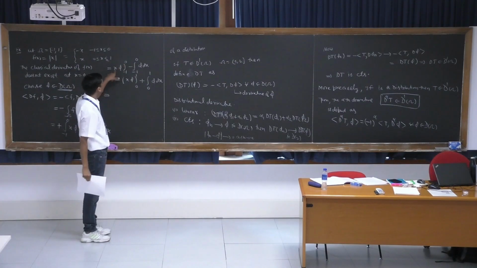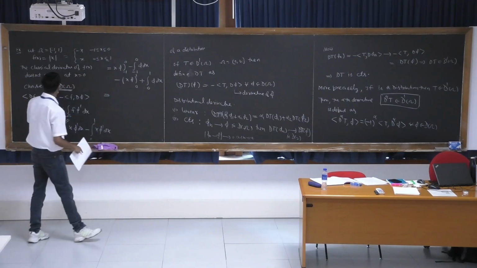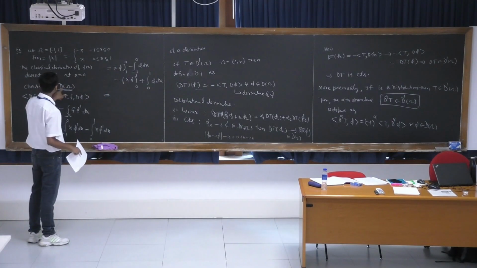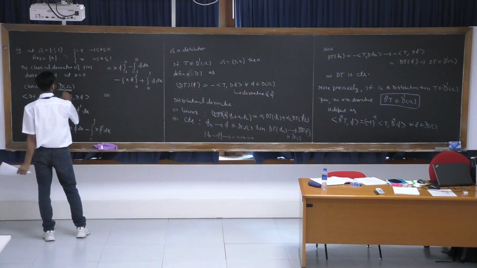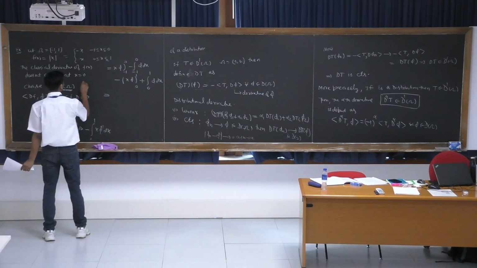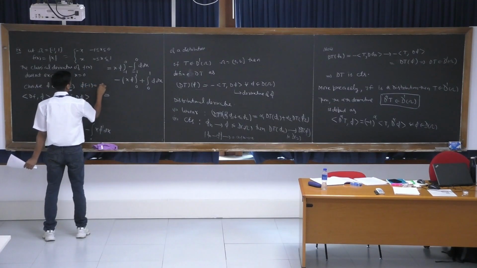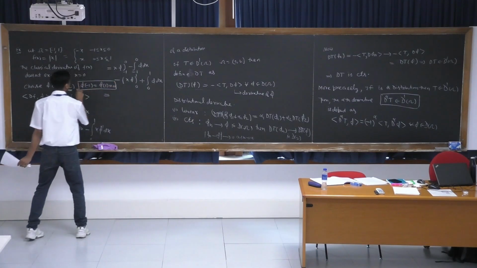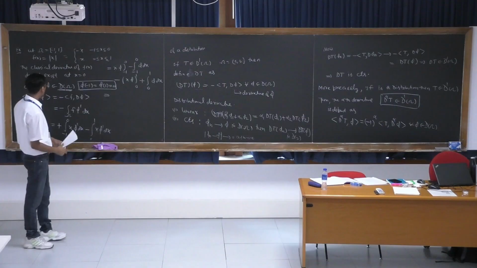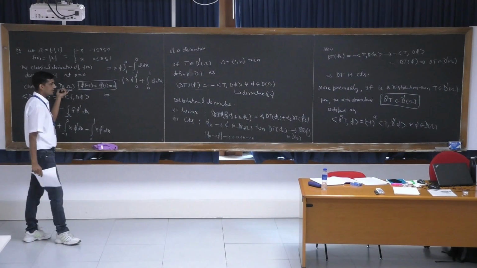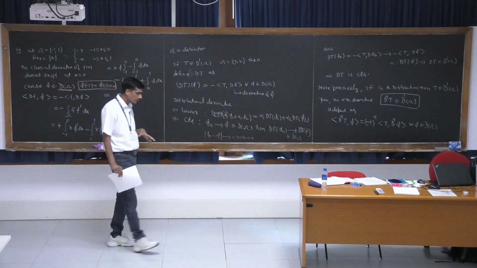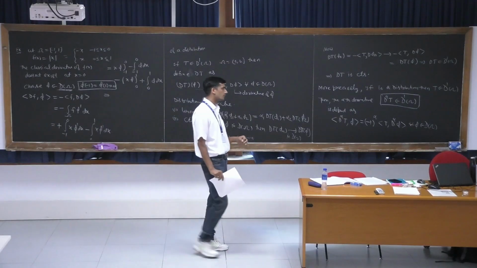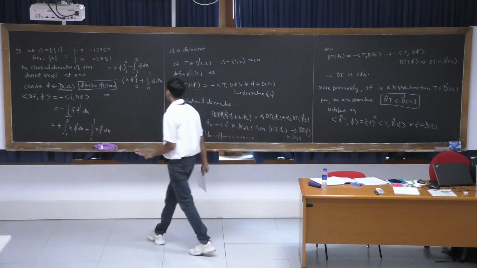When you put 0 here, this becomes 0, and at minus 1, phi belongs to this space, so it is 0. The phi belongs to the C infinity functions with compact support, so at the boundary these are 0.